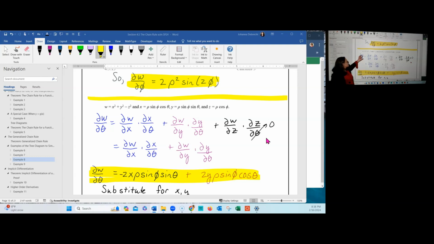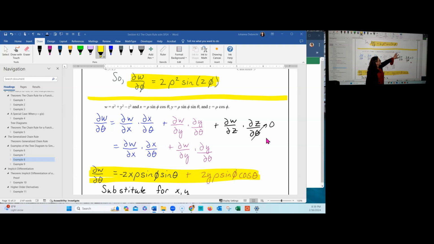Finally, we want to take the partial of w with respect to theta. We take the partial of w with respect to x, multiply by the partial of x with respect to theta. This gives us negative 2x rho sine phi sine theta. We add to that the partial of w with respect to y, which is 2y, multiplied by the partial of y with respect to theta, which is rho sine phi cosine theta. In the last term, we take the partial of w with respect to z and multiply by the partial of z with respect to theta.